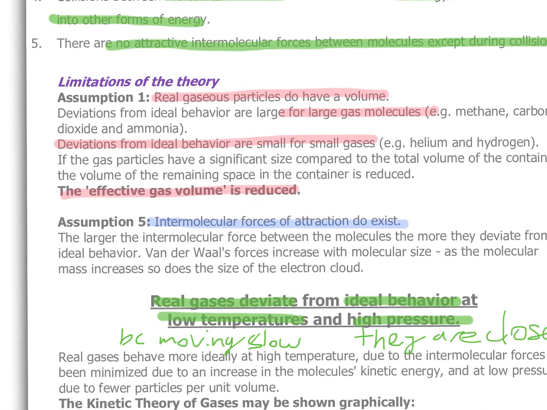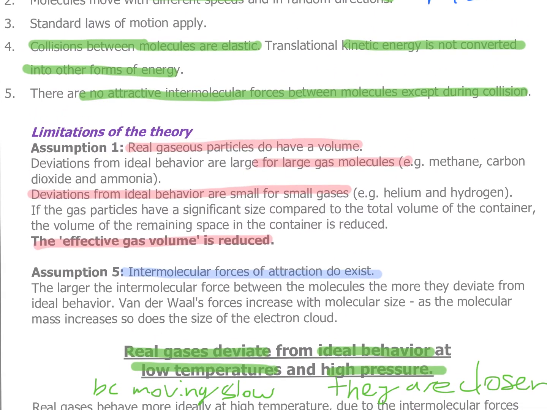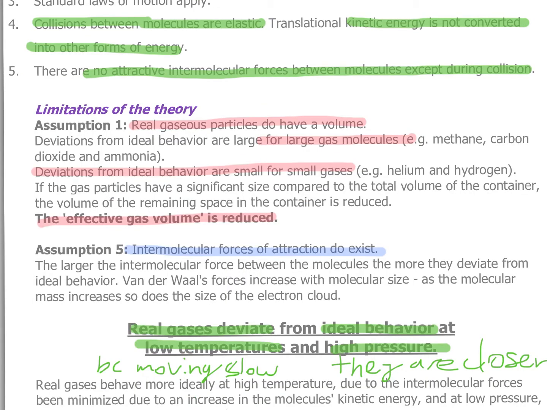Now, the 2 of these combined come down to the fact that real gases deviate from ideal behavior at low temperature and high pressure. So because the real gases deviate at low temperatures and high pressure, we can think of an analogy. Okay, if I'm talking about intermolecular forces, we're talking about these forces of attraction between molecules.